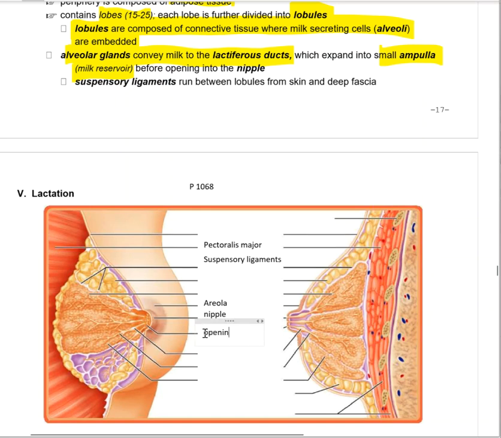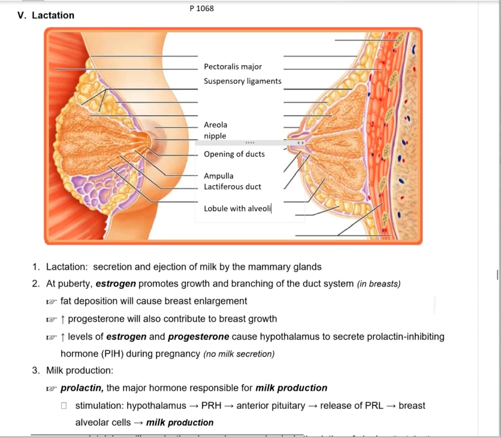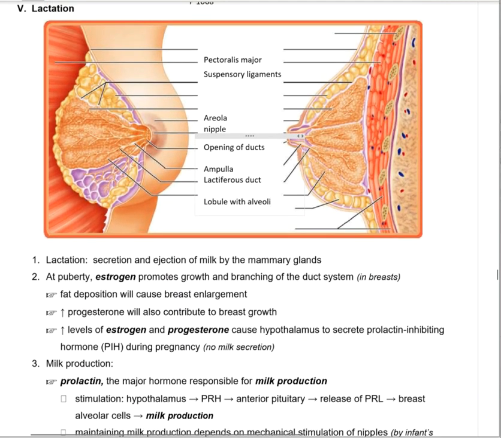So we have the opening of the ducts right there, and we have a little ampulla, and then we have the duct itself. And then we have the lobule with a bunch of alveoli in them. Okay, that is probably all we need to talk about from a structural point.